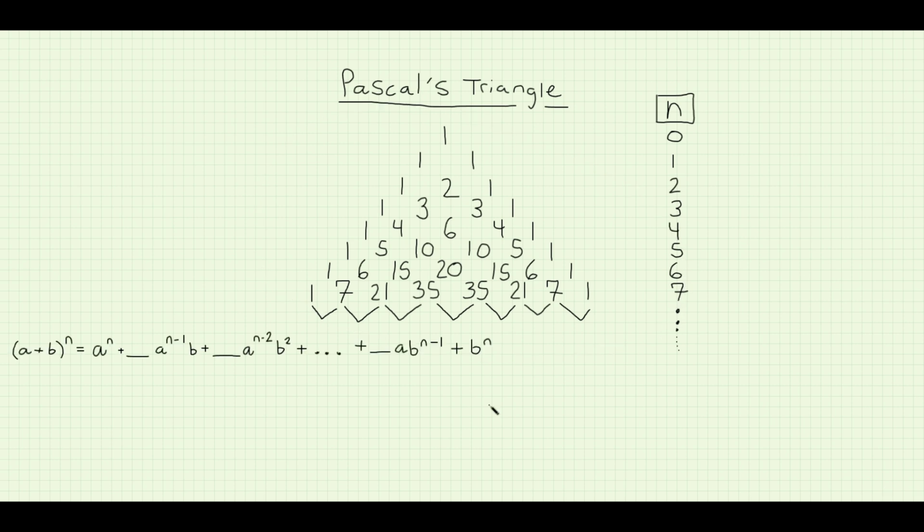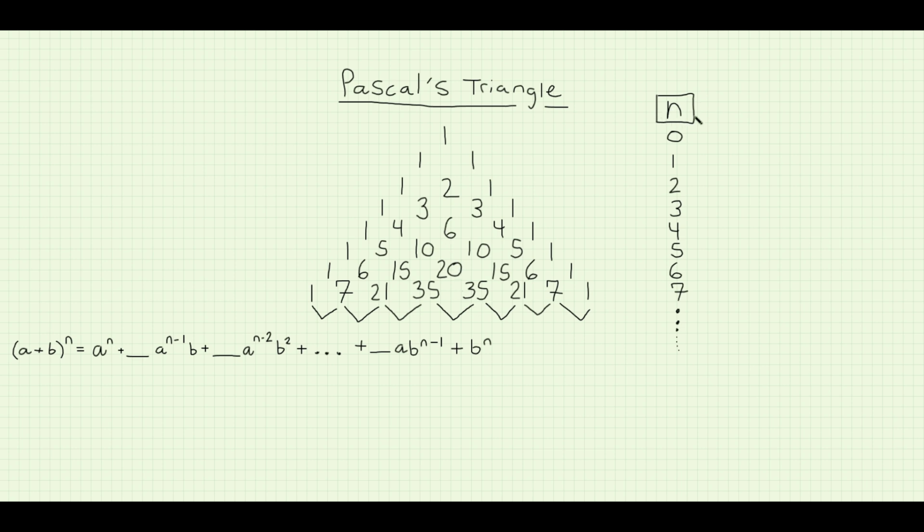That is, (a plus b) raised to the power of n equals a raised to the power of n plus blank times a raised to the power of n minus 1 times b plus blank times a raised to the power of n minus 2 times b raised to the power of 2 plus whatever comes in between plus blank times a times b raised to the power of n minus 1 plus b raised to the power of n. But where these blanks are is where the coefficients go, and what determines the coefficients is Pascal's triangle.